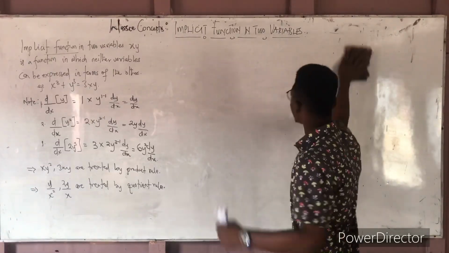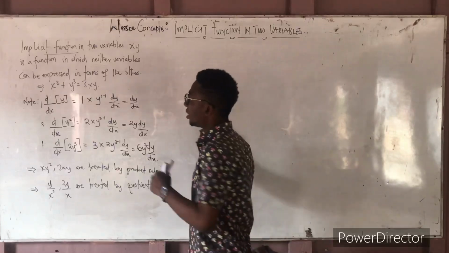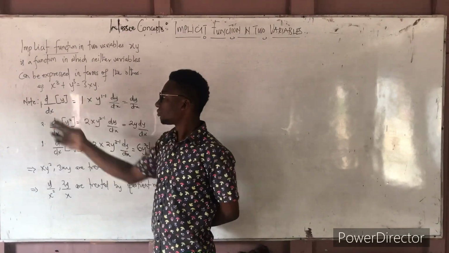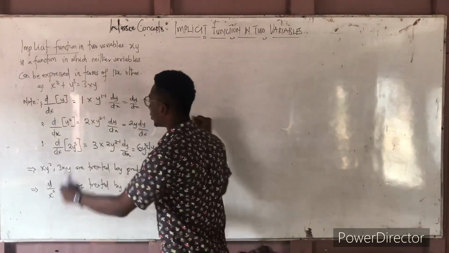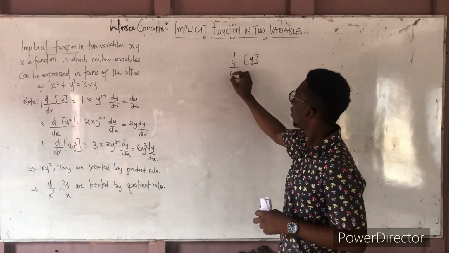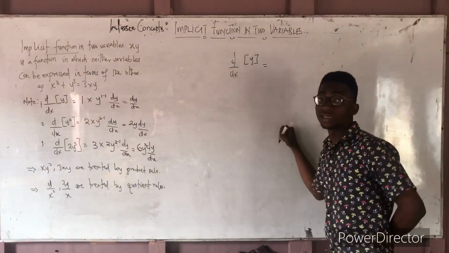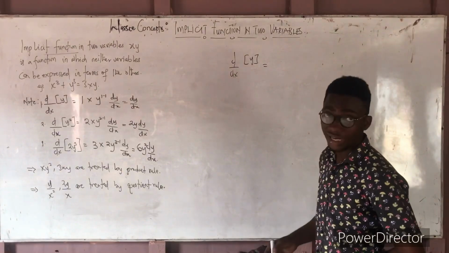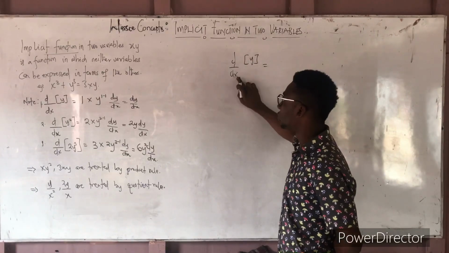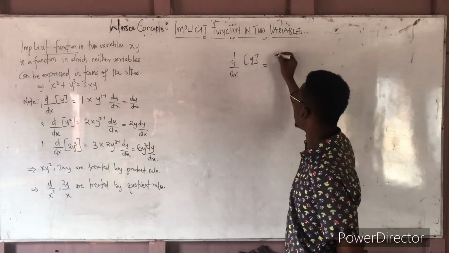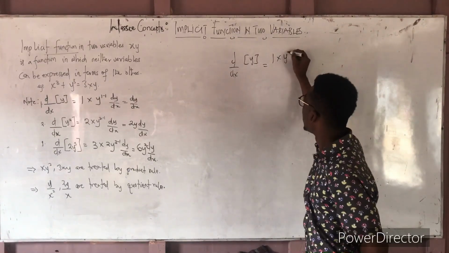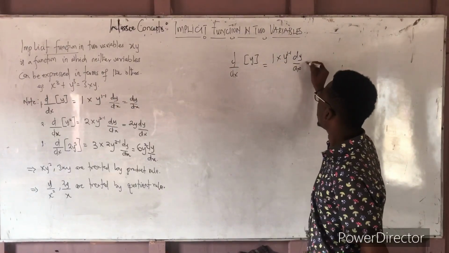Now, if you have an implicit function, how do you find the derivative? Before we come to that, there are certain things you have to note. Anytime you want to find the derivative with respect to x of y, it is simply 1 times y to the power 1 minus 1, dy on dx.